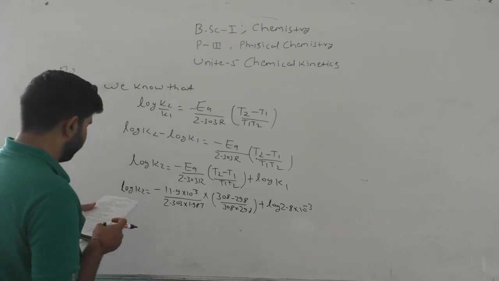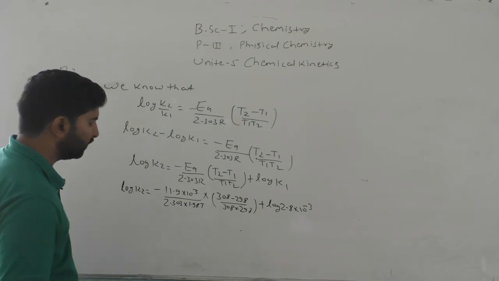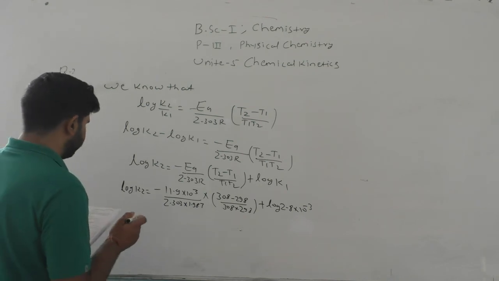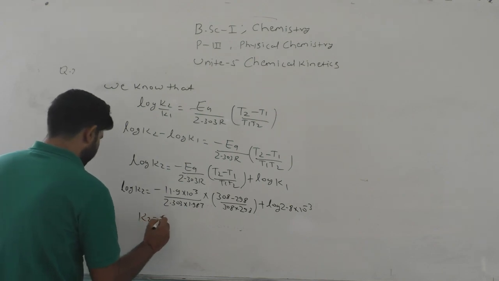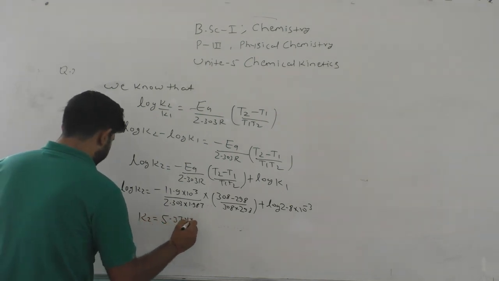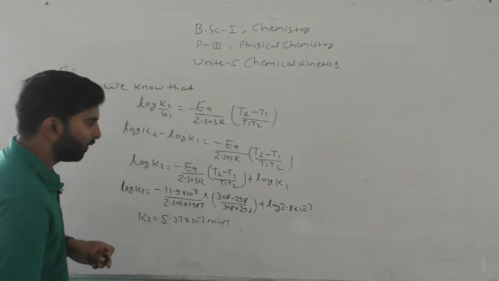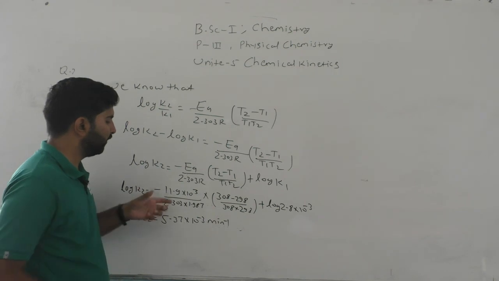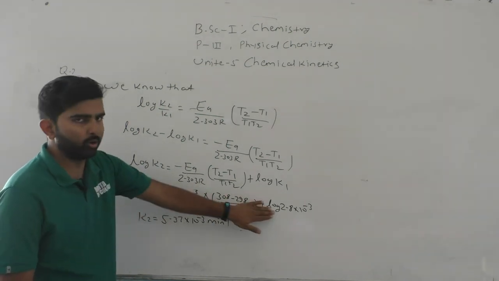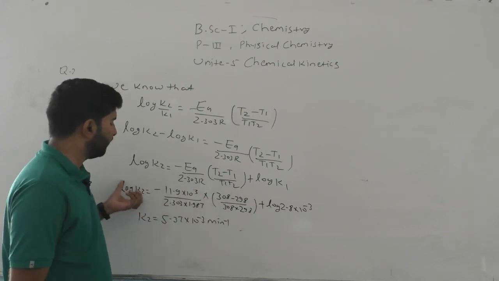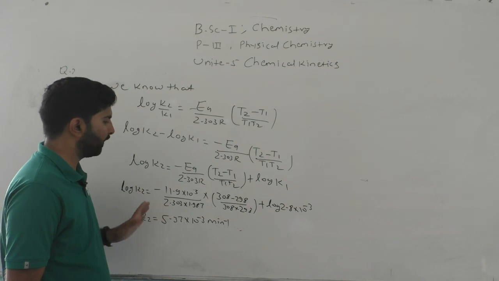So from this equation the value of K2 comes out equal to 5.37 × 10^-3 minute inverse. So first in this question we have to solve this numerical data and this logarithm problem. Then we take the anti-log to know the value of K2.